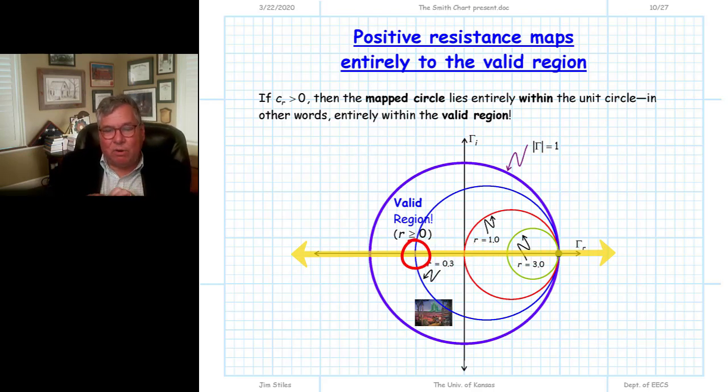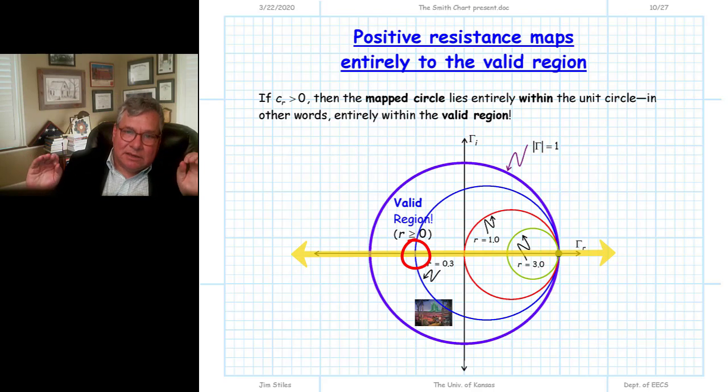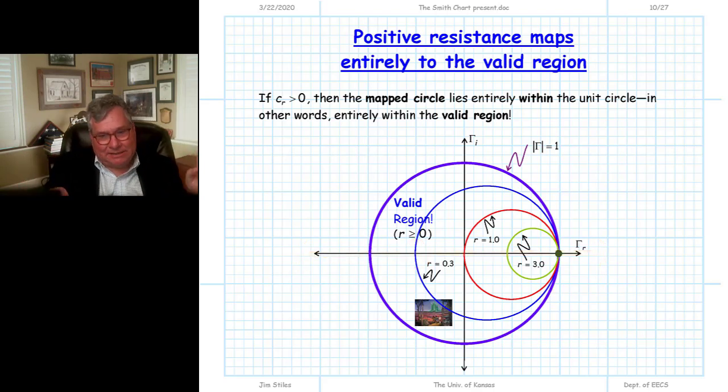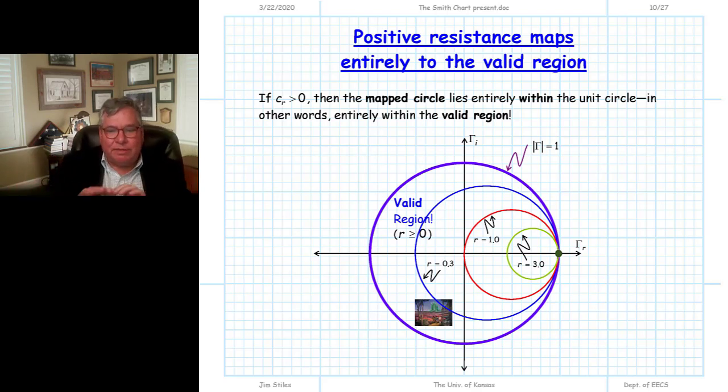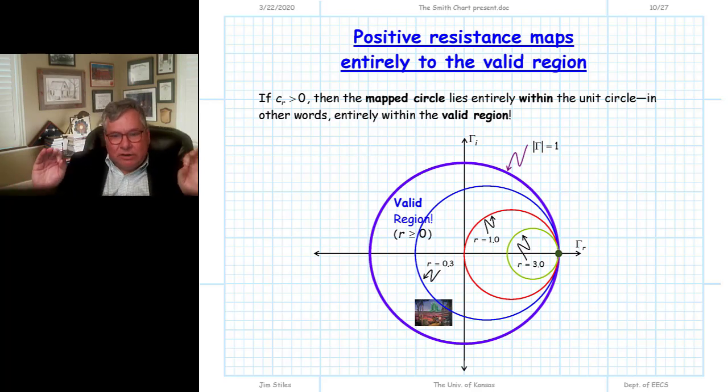Well, remember, the horizontal axis is the contour of all impedances whose imaginary part is equal to 0. Purely real impedances map onto the horizontal contour. And so the other intersection of each of these circles with that horizontal axis denotes the location of the impedance that is purely real.